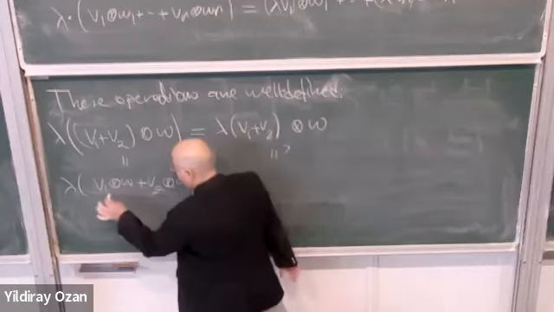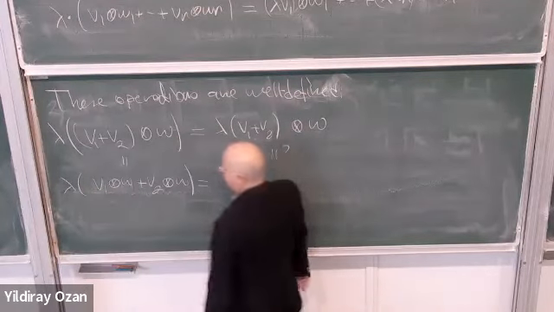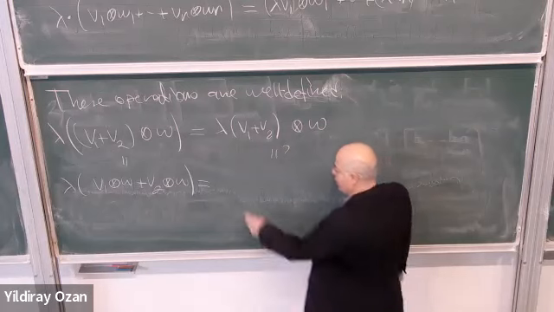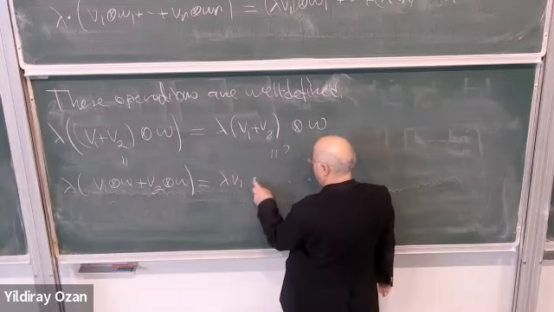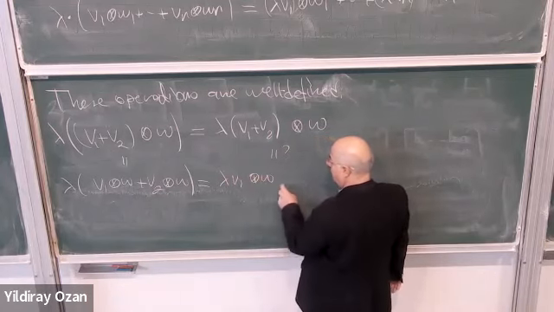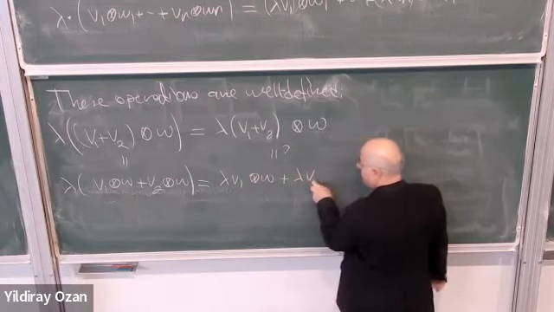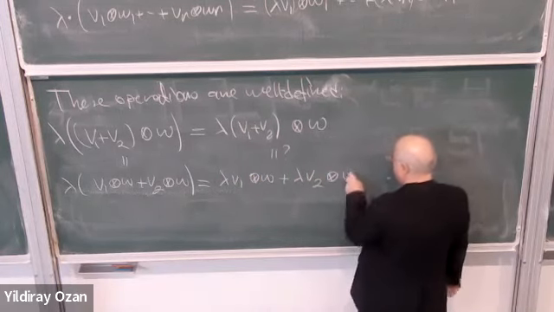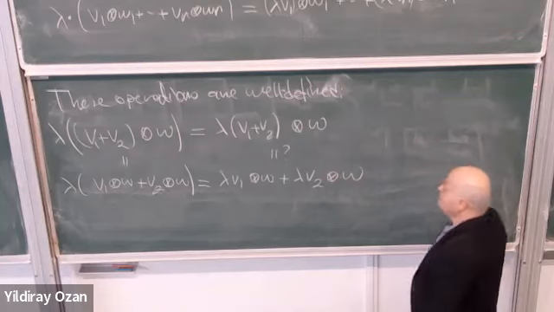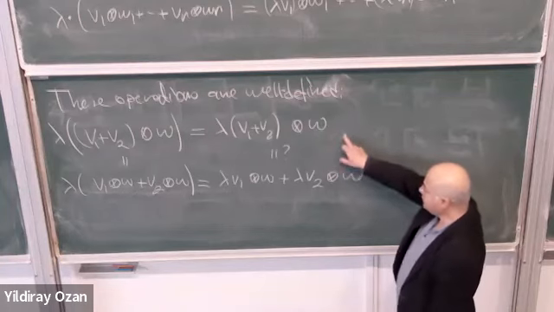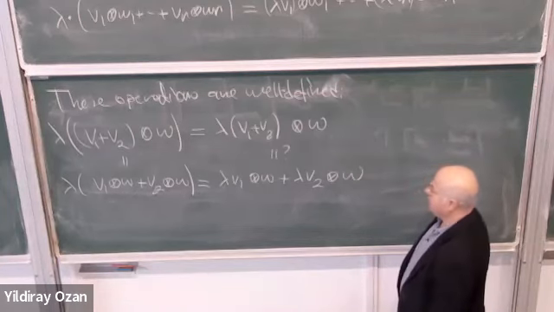These are equal, but whether this will be equal. So what was my definition? You just multiply the scalar with the first vector. So this is lambda times V1 cancel W plus lambda times V2 cancel W. Now, are these the same?